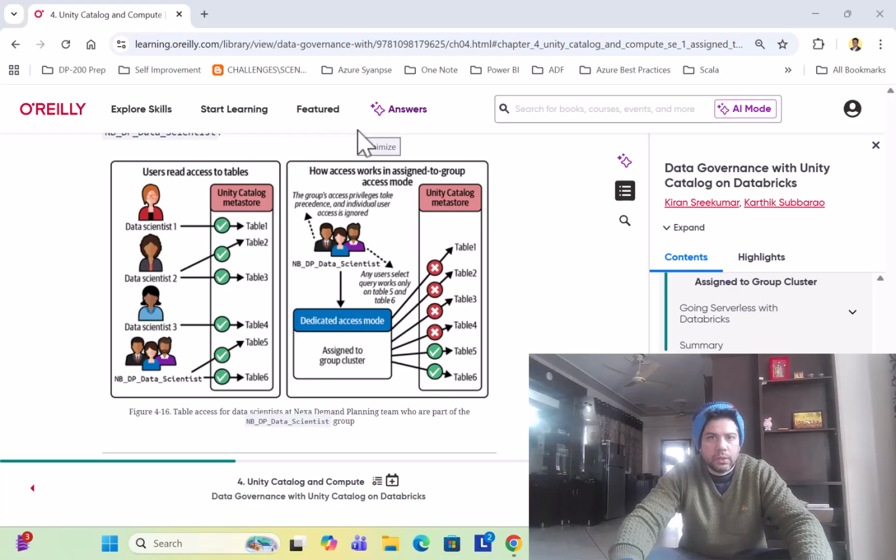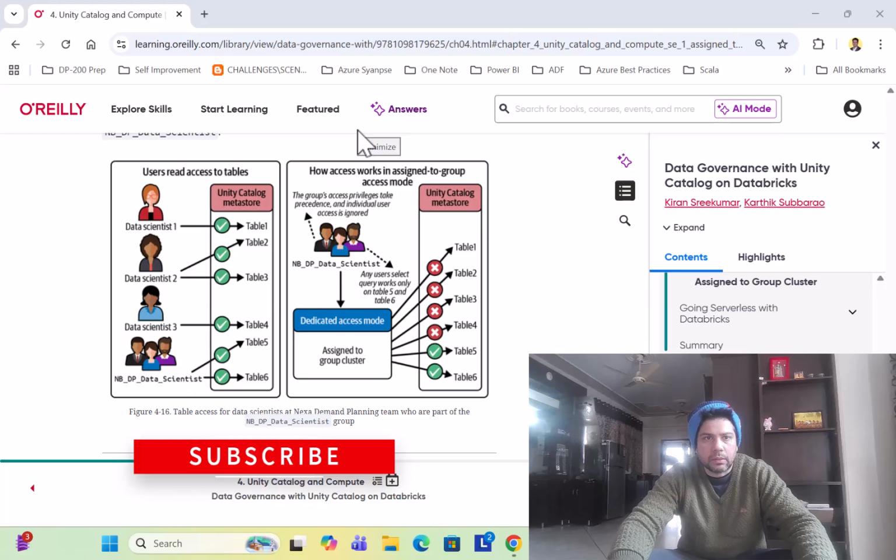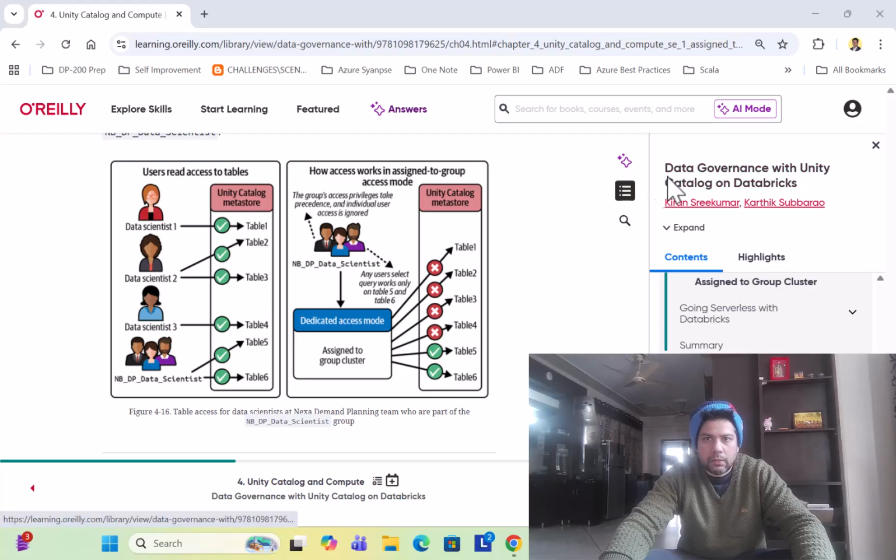So in this video, we are going to talk about the dedicated mode in compute or cluster in Databricks while using Unity Catalog. I have been reading this book called Data Governance with Unity Catalog on Databricks.